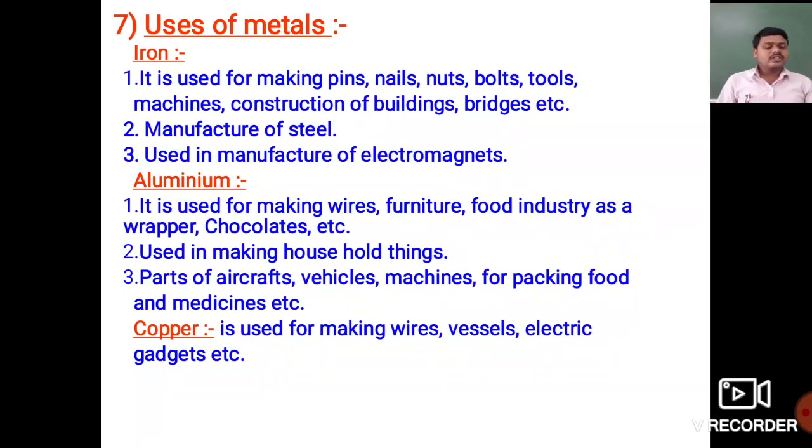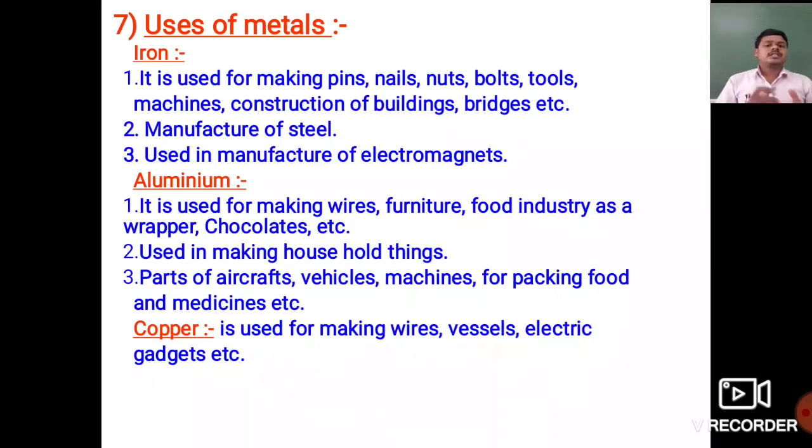For example, when you come to school, the desk you are sitting at is also made of iron. Just imagine how much human beings depend on iron.